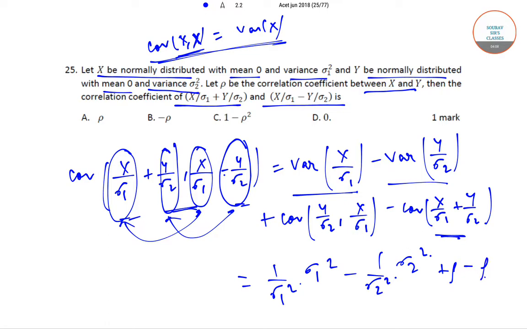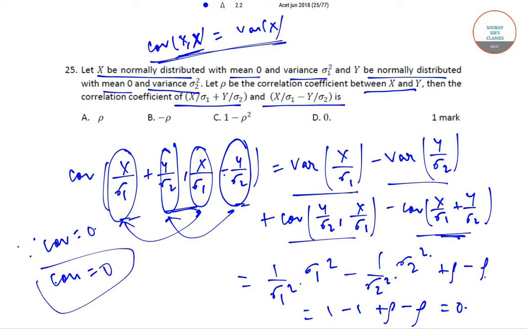By simply doing these, you take the sigma 2 and sigma 1 outside, and covariance xy is rho into sigma 1 sigma 2. Similarly you'll get for these. So we get 1 minus 1 plus rho minus rho, that is equal to 0. Now since covariance is equal to 0, so correlation will also be 0. Option D is the correct answer.